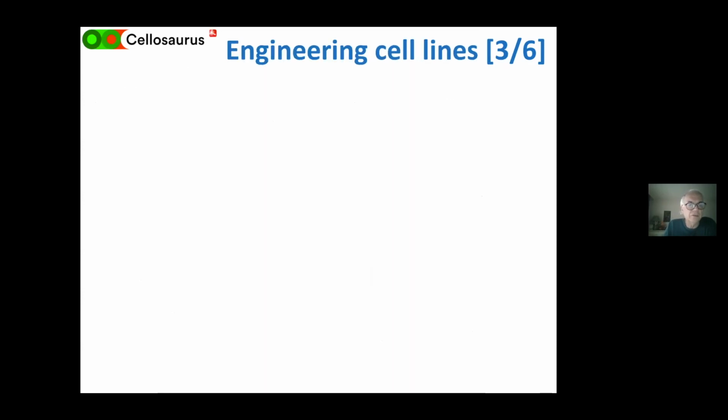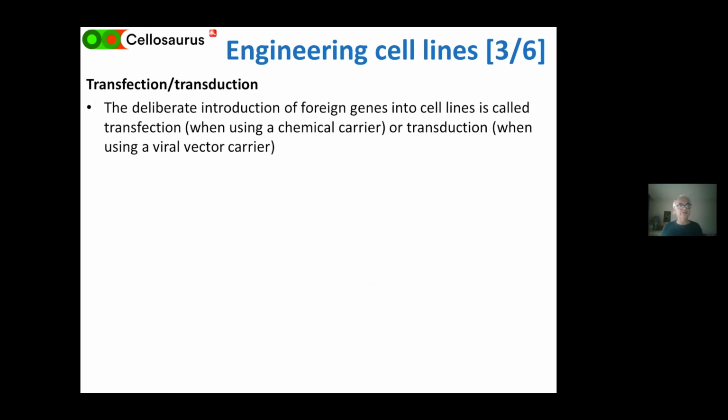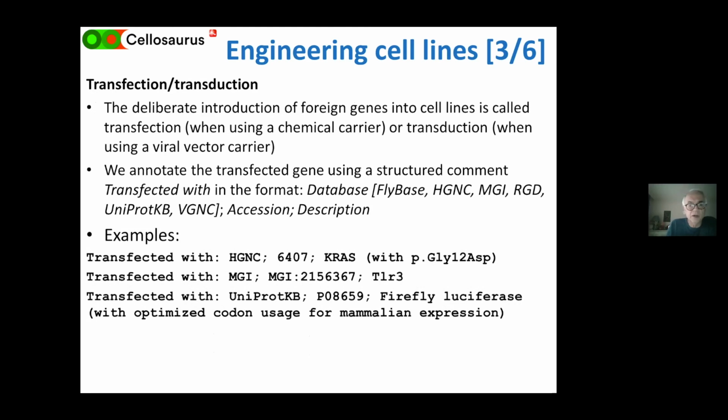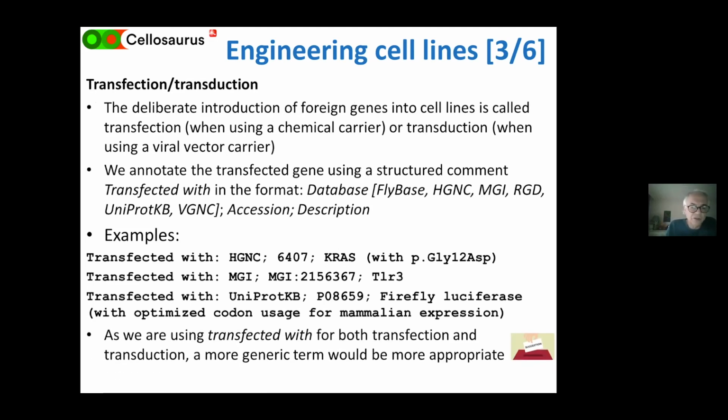So you can transform a cell line, but of course you can transfect or transduce a cell line by introducing a foreign gene. It's called transfection when you're using a chemical carrier or transduction when using a viral vector. So this we also annotate with a structured comment saying which gene was transfected or transduced inside the cell line. Now, one thing we do, we're currently using 'transfected with' for both transfection and transduction.